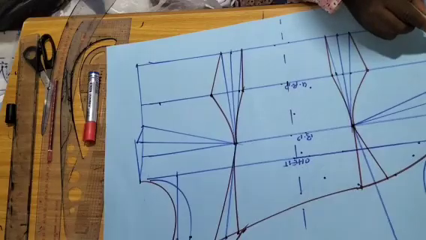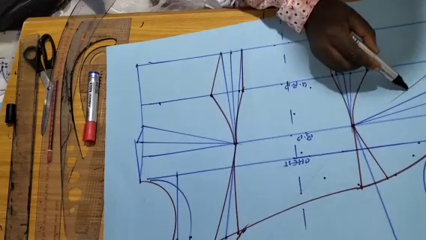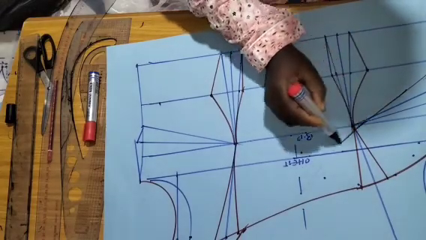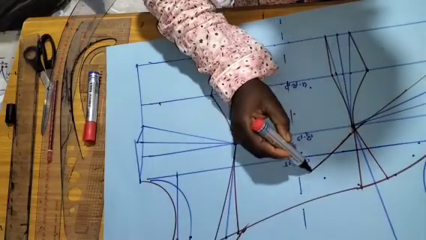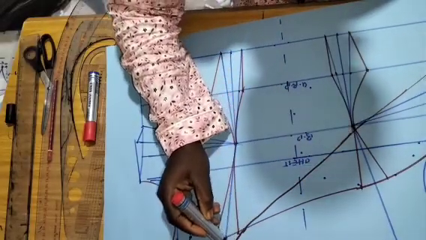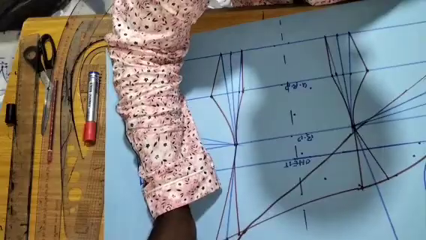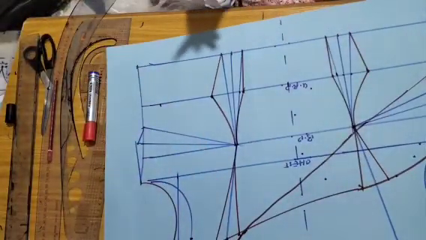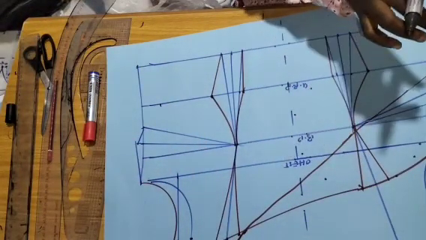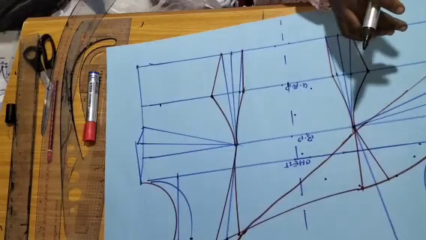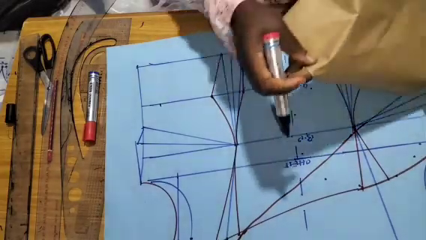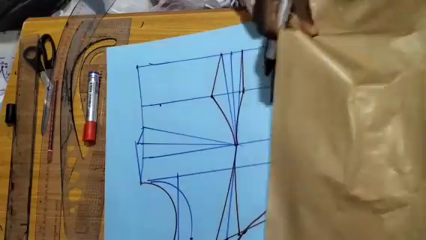If you want it to stop at the under bust, you will go this way. You can see me doing that with my free hand. I'm going to trace this cape right now.